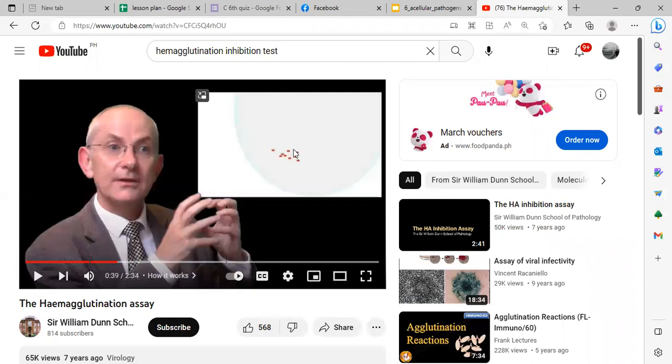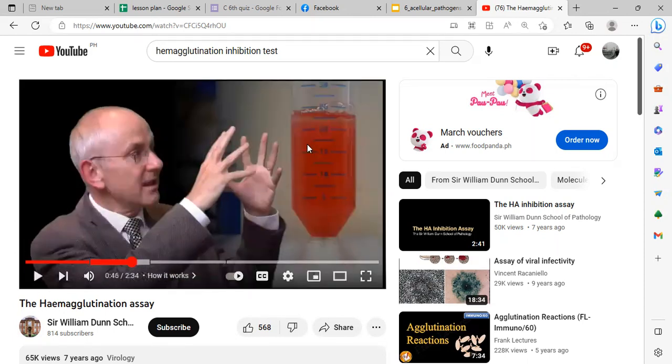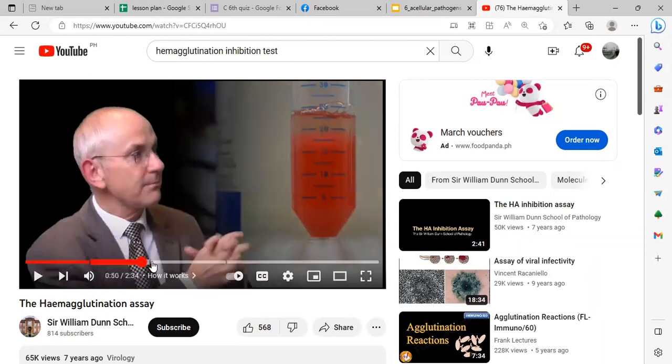So usually the red blood cells fall to the bottom of a container, no? Because of gravity, right? So with this shape of container, they will eventually settle at the bottom when there is no disease, no virus.